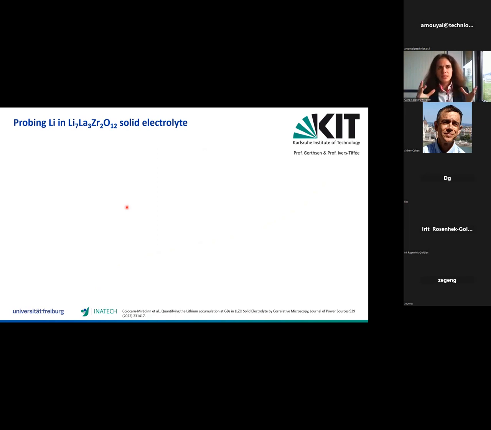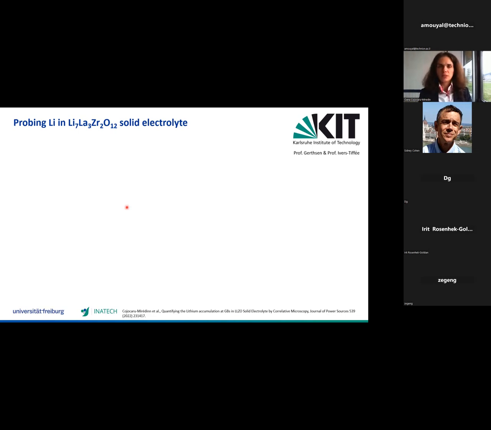Well, the goal in science is to replace this liquid electrolyte with a solid electrolyte because we know that the liquid electrolyte is not that stable at high temperatures or very low temperatures. And we have some other mechanisms which are detrimental for the batteries. And therefore, in science, there is a huge effort to replace this liquid electrolyte with a solid electrolyte.